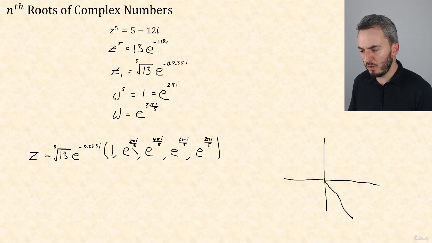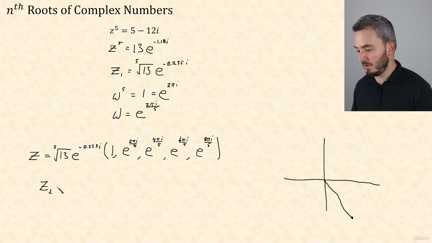If we call the first one z1, which we already know, let's just work out z2. I'm not going to do all of them to waste your time, but just to show you how we would do this, z2, that's this one times this one, is the fifth root of 13.